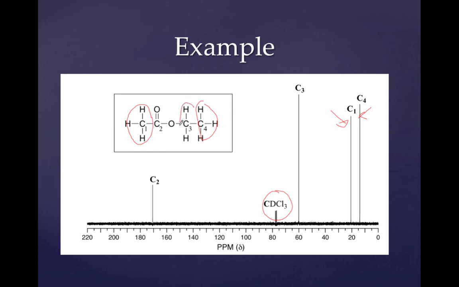So here's your 3rd carbon with the carbon-oxygen bond, which represents this C3 peak. The C2 environment is at 170 parts per million. This is due to the neighbouring oxygen atoms attracting or withdrawing the electrons in the bond, resulting in a greater chemical shift for that C2.